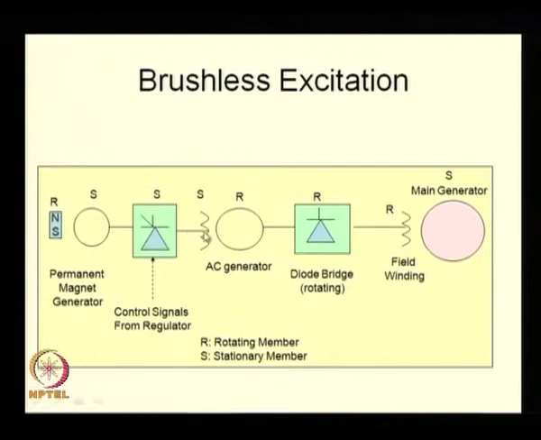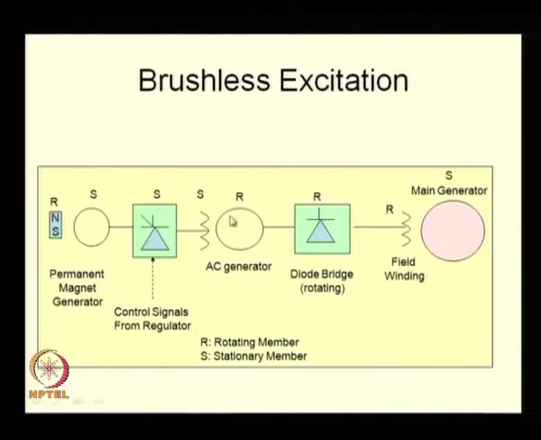Now, this is not the main generator which we are talking of, this is a generator of the excitation system. The field winding of this particular AC generator, remember, is stationary. So, on the rotor of this particular synchronous generator, the rotor has the armature windings and the stator has the field windings.